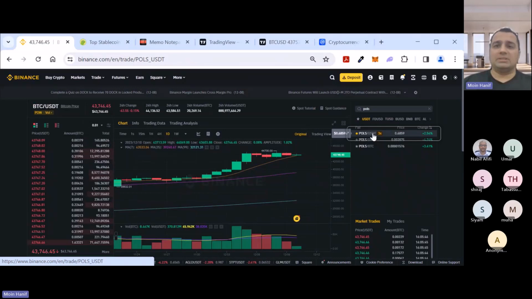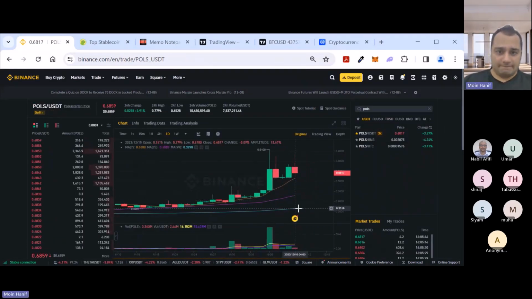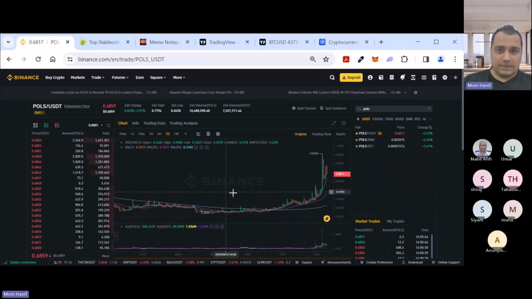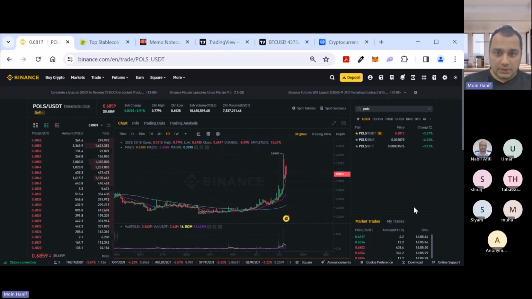So Poles USDT is one of the tokens. So here you can see this is the daily thing. It doesn't show my trades.